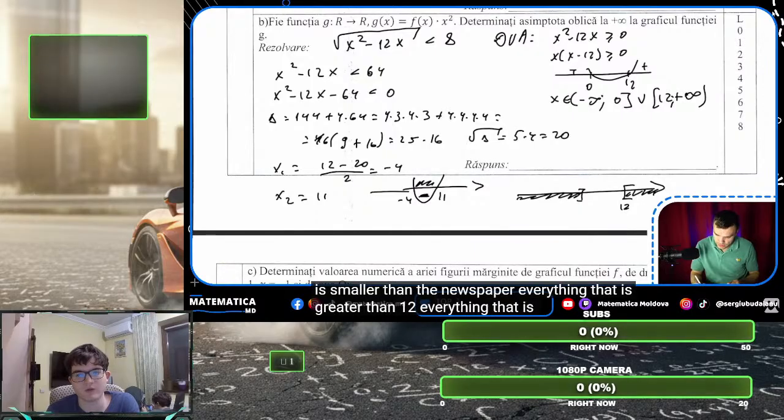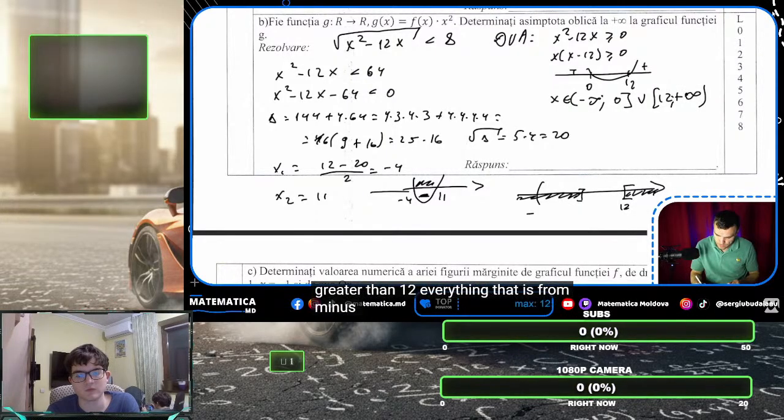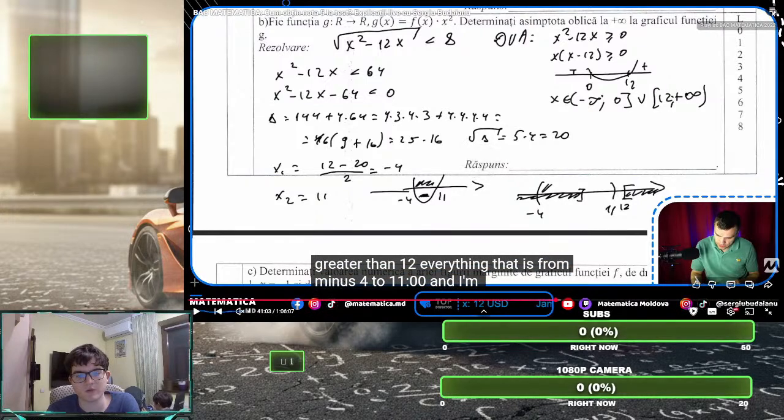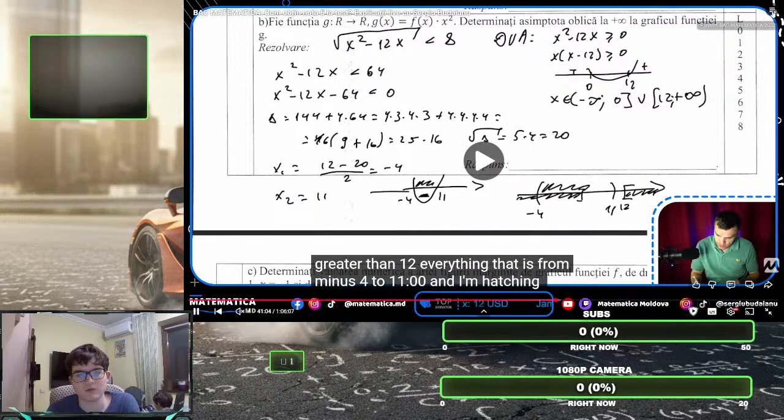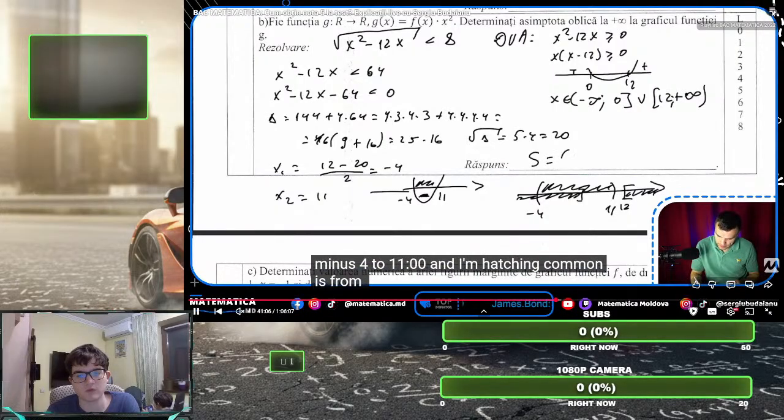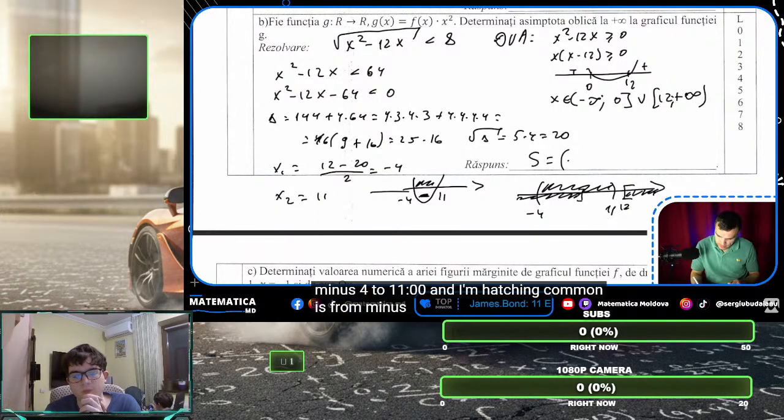Why did you put a 12? That's like the other stuff. Oh, he binds the stuff. So minus 4 till 11, and he put that with a 12, so he basically combined the graphs and he got this. Okay, that's understandable.